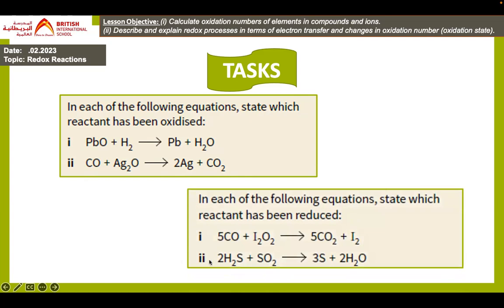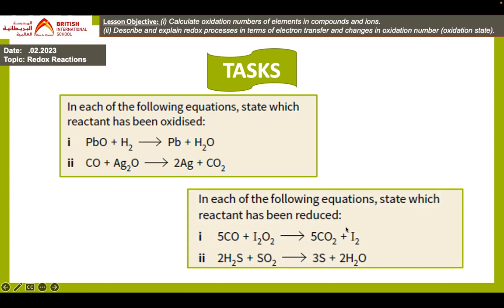Check the other one. Actually, you just have to check whatever is getting oxidized here, but I have told you about reduction also, because if one is getting oxidized, the other one might be reducing. See, this is I for iodine, and this is carbon monoxide. Iodine has two oxygen, and after the reaction, iodine doesn't have any oxygen.